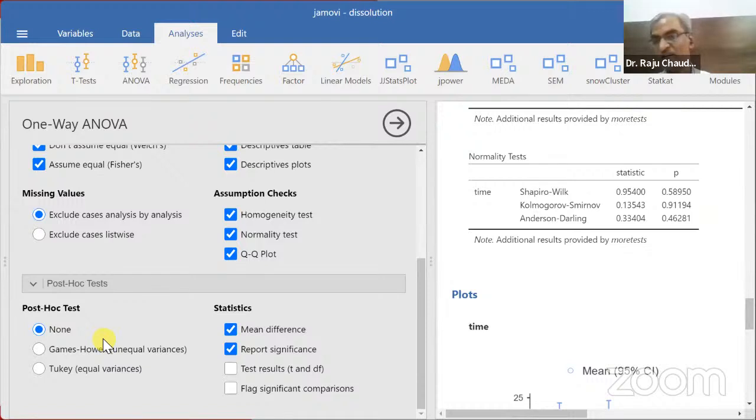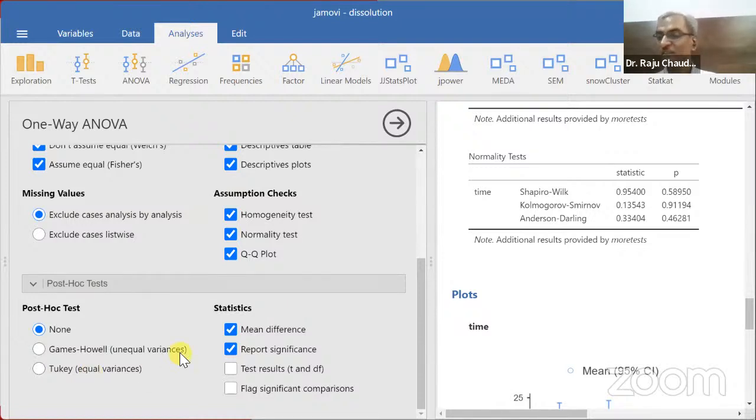Again, if the variances are equal, we go for Tukey's HSD, Tukey's honest significant difference. That means if the Fisher's F test is used and the hypothesis is rejected, go for Tukey's pairwise comparison.